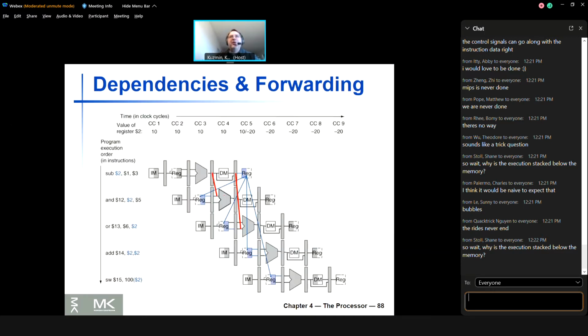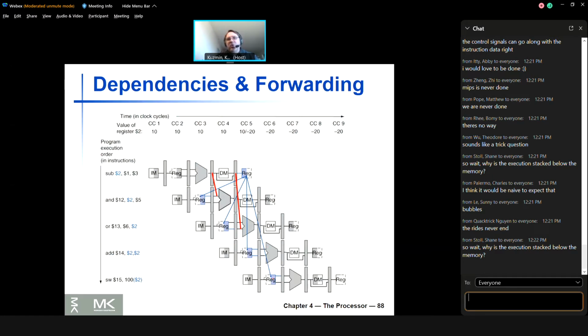To derive the formula for forwarding, we need to go back a little bit. This is the same example that we had here, and look at all the dependencies which I drew on the previous slide. Here they are shown with those blue lines.